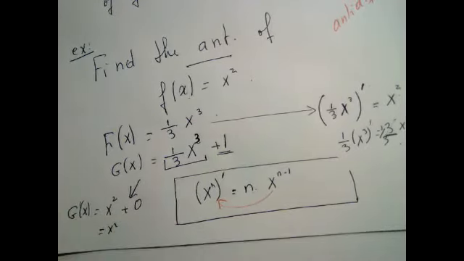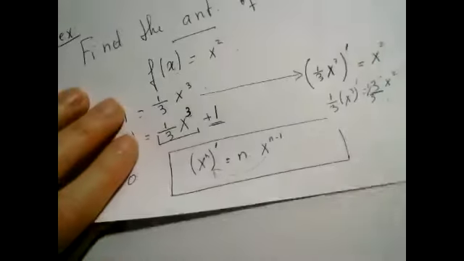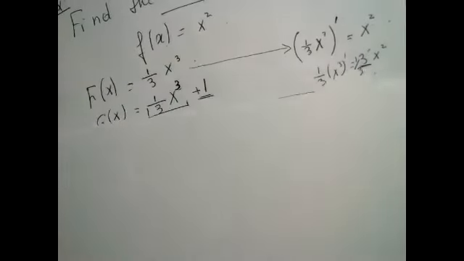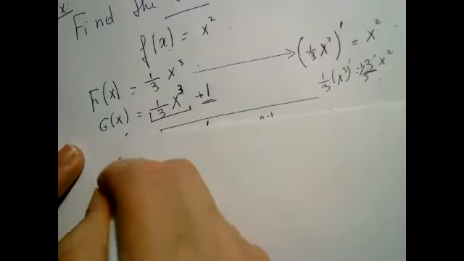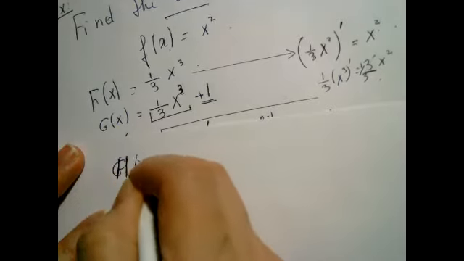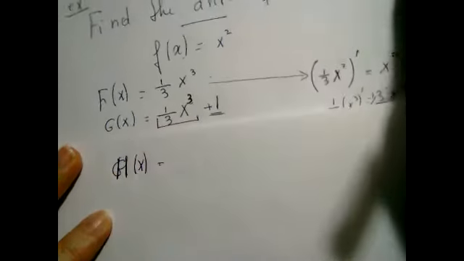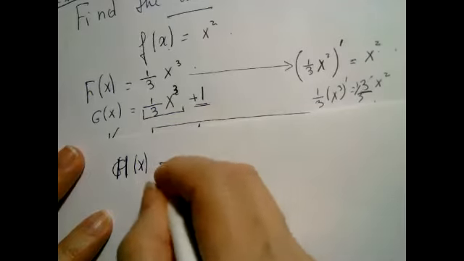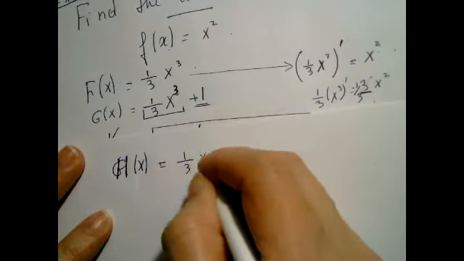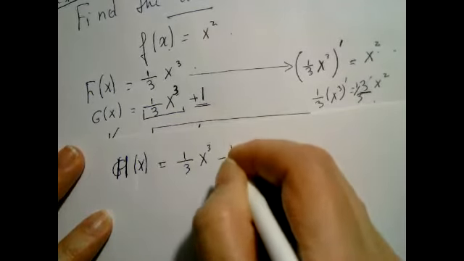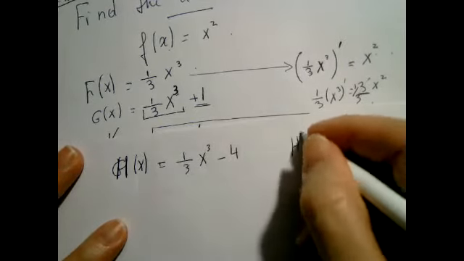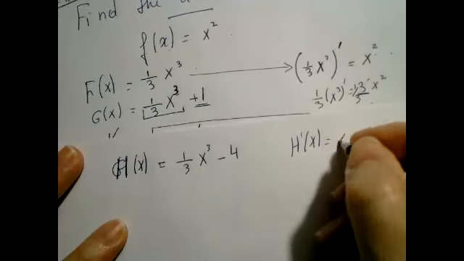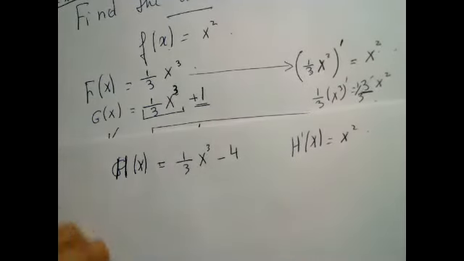And of course, we have a lot of other ones. Another antiderivative, I can call it h of x, is, let us say, 1/3 x cubed minus 4. The derivative h prime is equal to x squared as well.